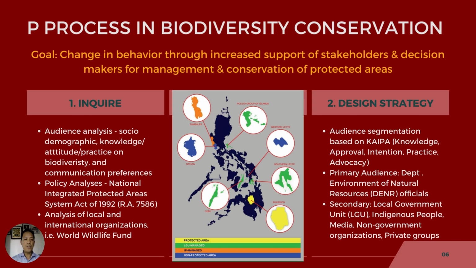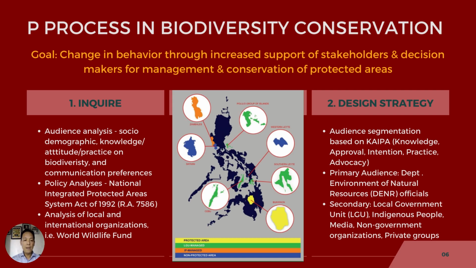For example, the National Integrated Protected Area System Act of 1992 or RA 7586, and also analysis of other local and international organizations such as World Wildlife Fund. If you look at the diagram, that's the analysis of the protected areas across Philippines.